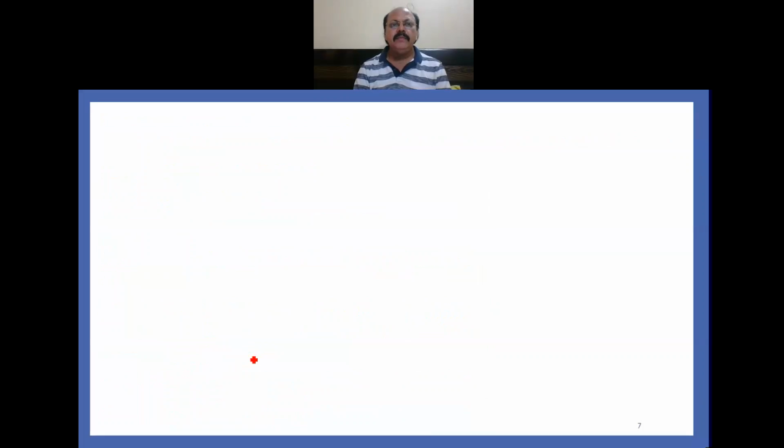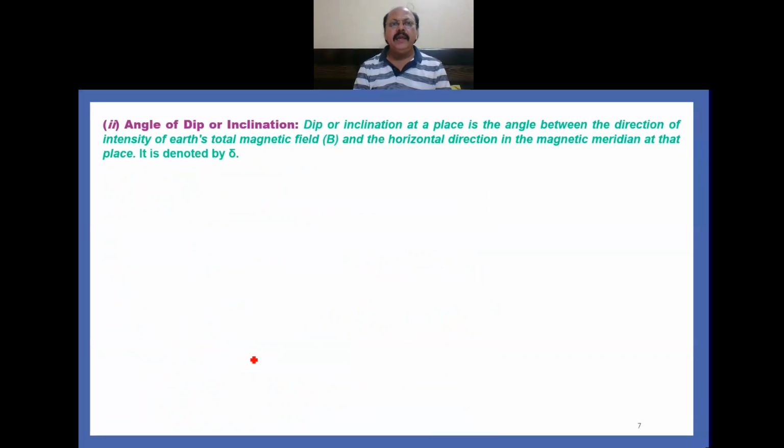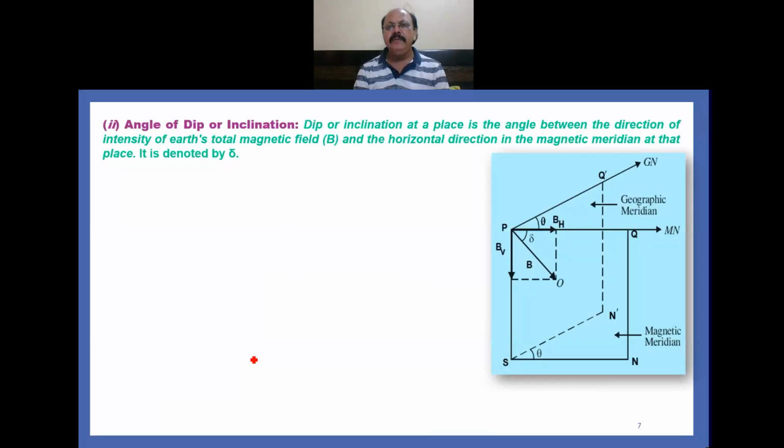Now the second one is angle of dip or inclination. For that purpose, again you see the diagram. In the diagram you can see that this B is the total magnetic field intensity of the Earth, which makes an angle delta with the horizontal line of the magnetic meridian.